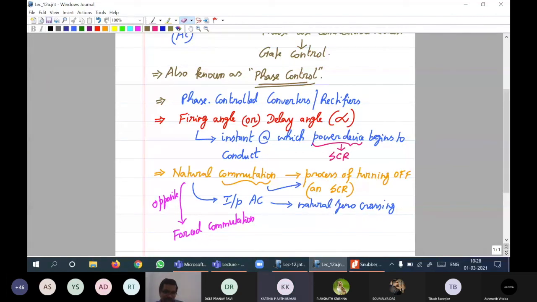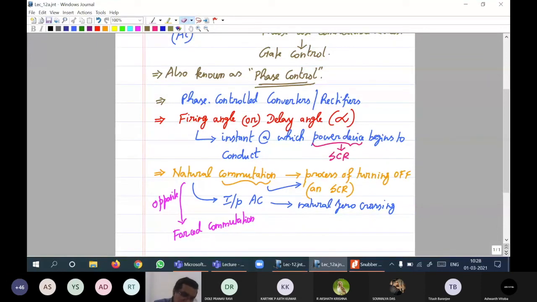Input will be DC. An inverter actually changes DC input to AC output. So when input is DC, there is only a constant magnitude. Zero crossing is not going to be there. So when we use an SCR in an inverter, then we need to force the current through that SCR to go down to 0. Then forced commutation is going to be used. Whereas in rectifiers, only natural commutation.